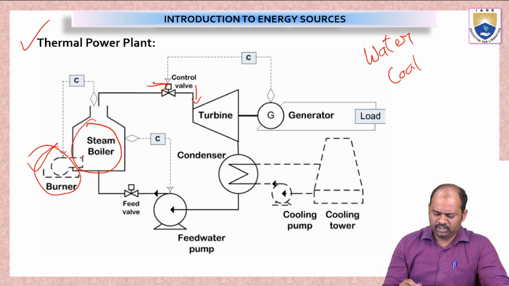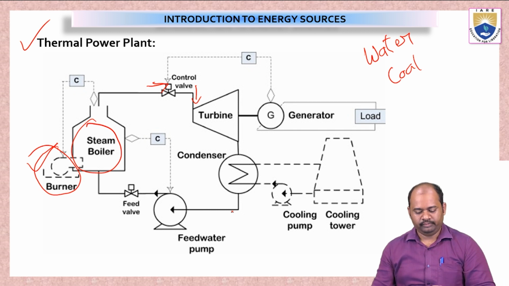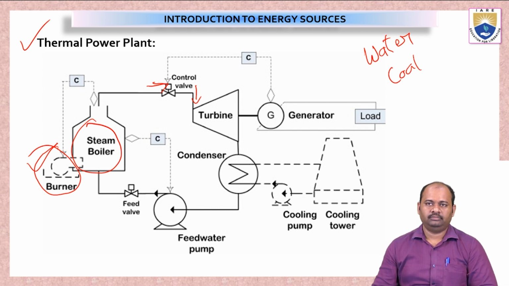It uses some kind of mechanism where the steam is sent into a cooling tower where the temperature of the steam will be removed in different stages by using a cooling tower and cooling pump. The steam will be converted into water again. So this is the basic working of a thermal power plant which produces electricity.